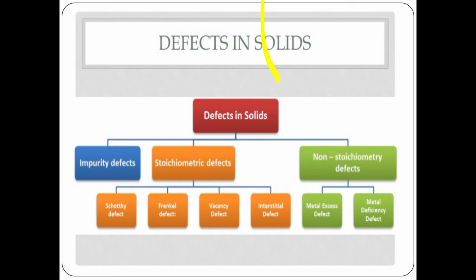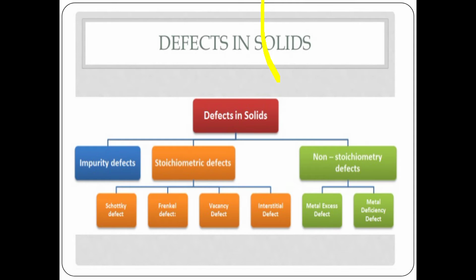Point defects are defects if there is any change in a point, that is, any constituent particle. Line defects means defects in an entire row. Volume defects is any change in the volume.